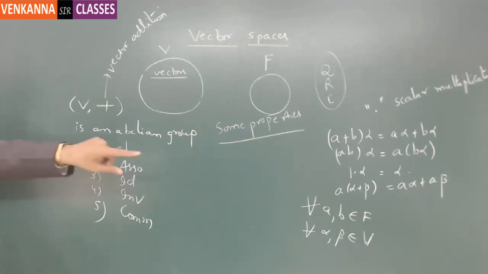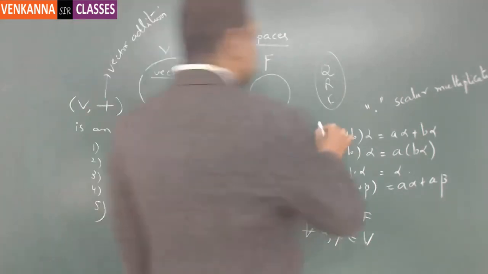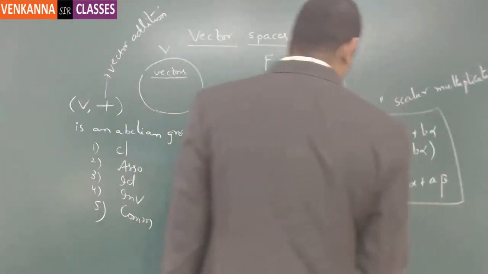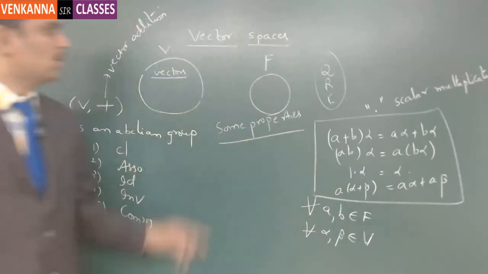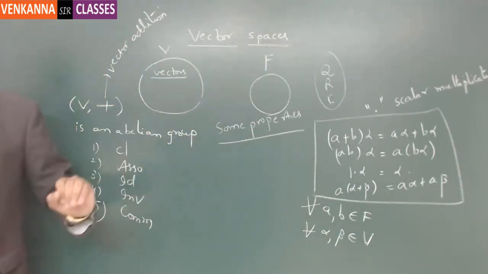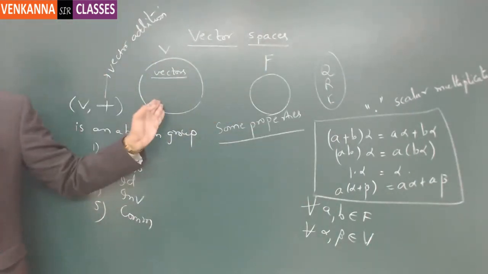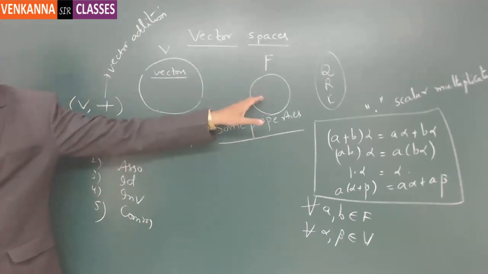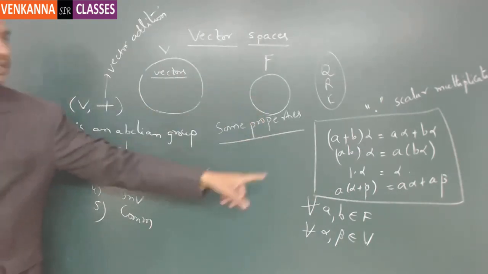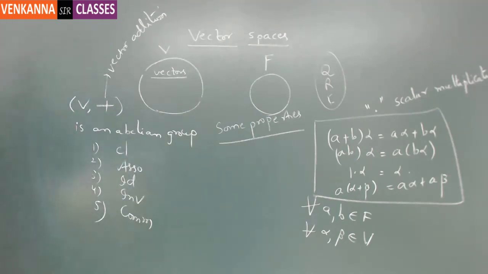If I say A, comma, B belongs to F, it means A, comma, B are numbers. They may be real numbers or complex numbers or rational numbers, whatever they may be. So these four properties must be satisfied by both V and F. I can take any two vectors here, I can take any numbers here.